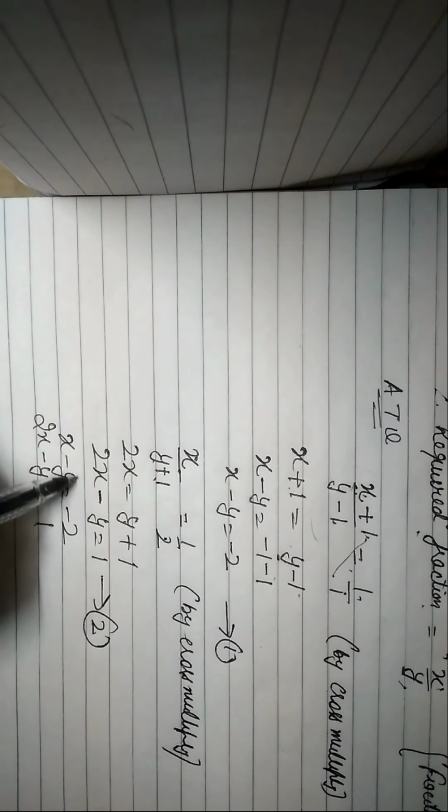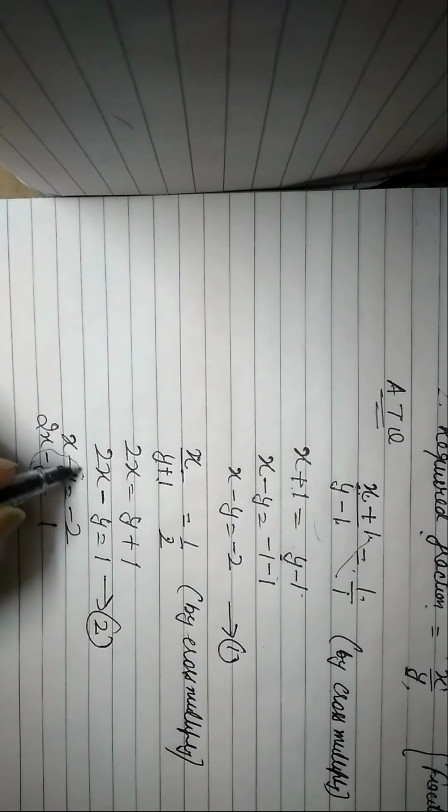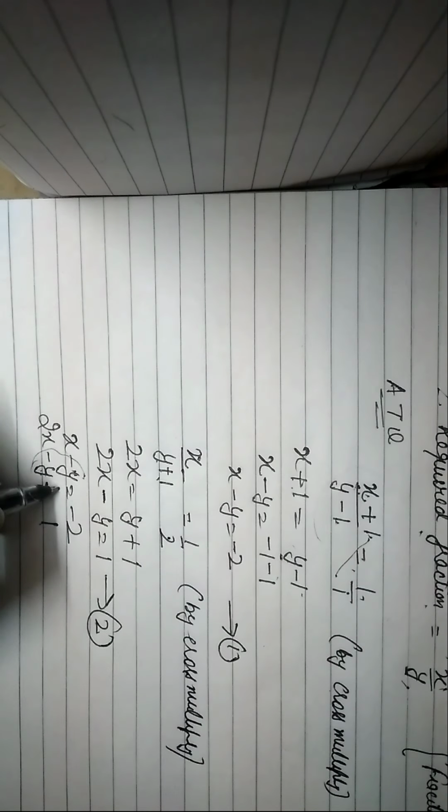Let us see y. Here the coefficient of y is 1. In the second equation also the coefficient of y is 1. Already the coefficients of y are equal, so there is no need to multiply with any number.